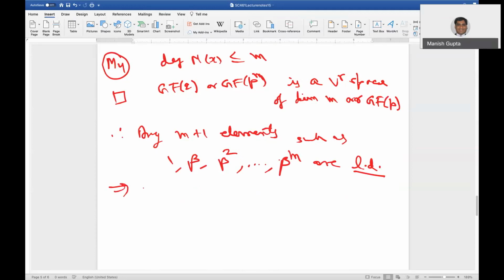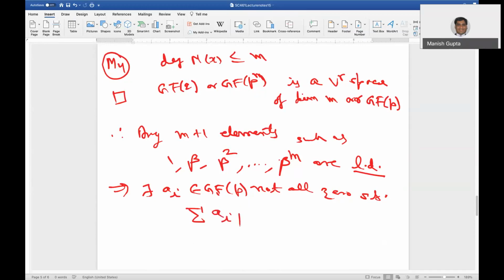This implies that there exist scalars a_i in GF(p), not all zero, such that the summation of a_i beta raised to i, for i equal to 0 to m, is 0.